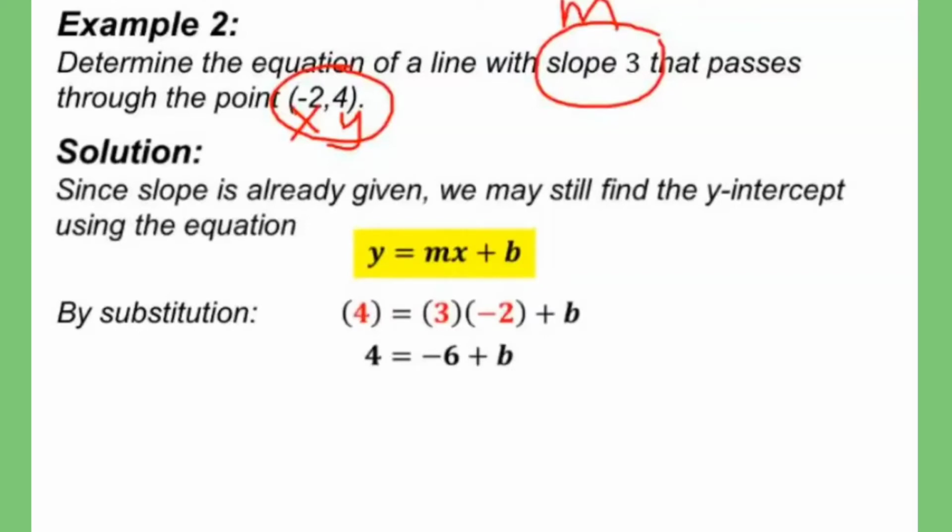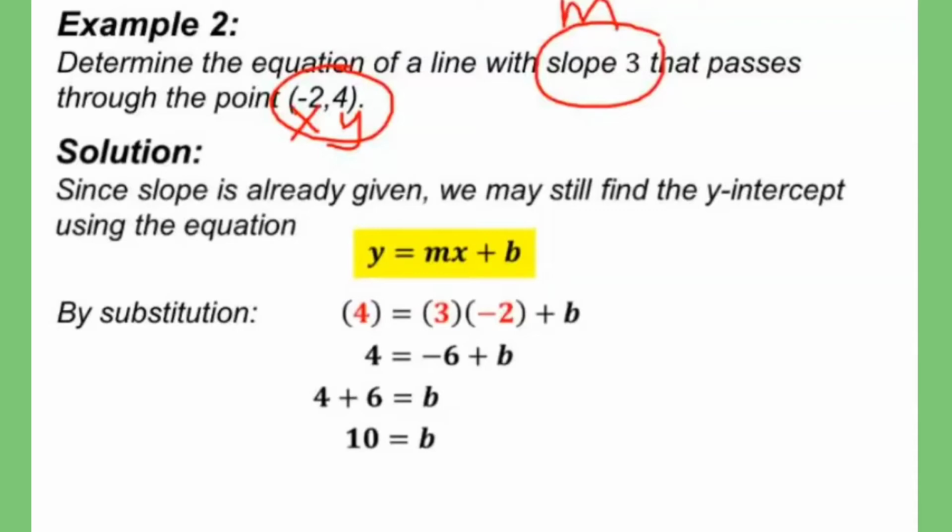In order to solve for b, we need to transfer negative 6 to the left side of our equation. So this will become 4 plus 6, which is equal to b. 4 plus 6, that is equal to 10. Therefore, b is equal to 10.